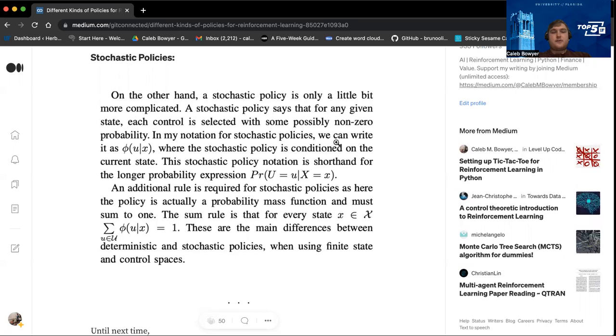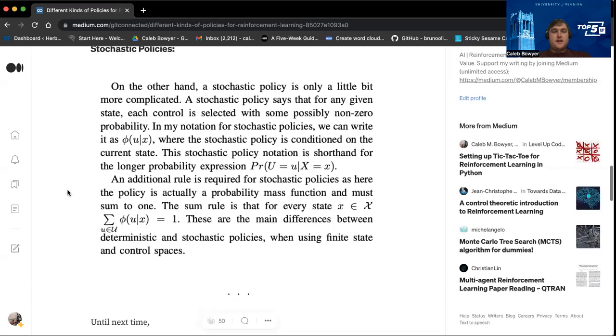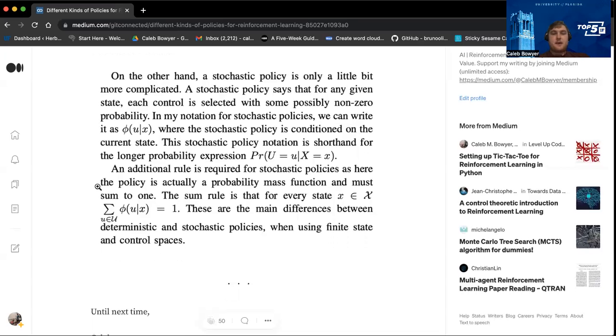In my notation for stochastic policies, we can write it as phi of U given X. So we condition, this bar means condition on state X, and it returns a probability for selecting that control U, where the stochastic policy is conditioning on the current state. This stochastic policy notation is shorthand for the longer probability expression, the probability that the random variable U equals little u given the random variable X equals little x.